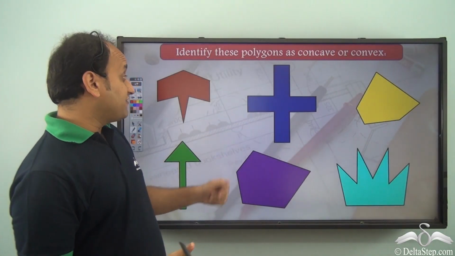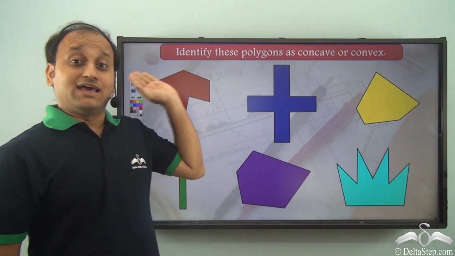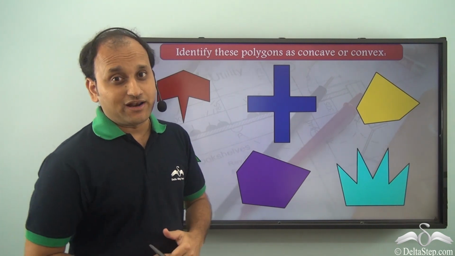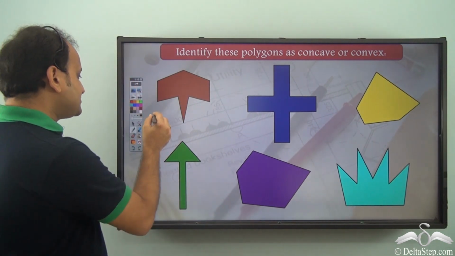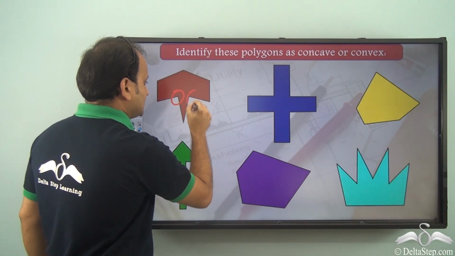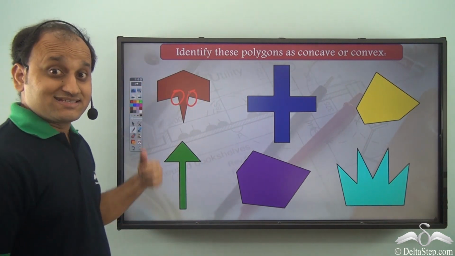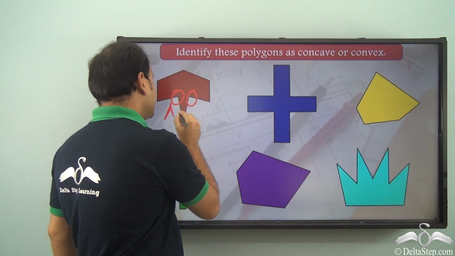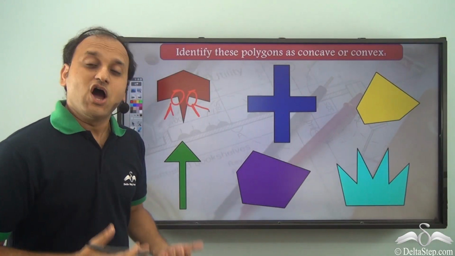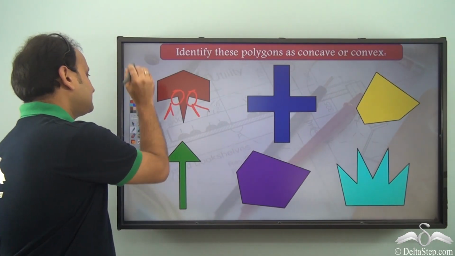Now, can you identify which one of these is a convex polygon and which one of these is a concave polygon? Let's see. So, in this case, what do we see? These two vertices point inwards, isn't it? So, this is a concave polygon.